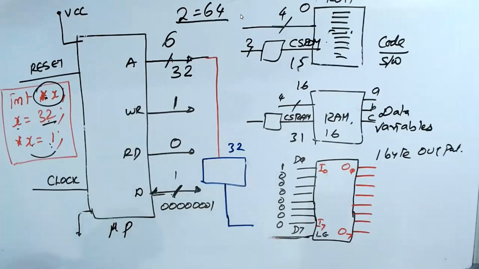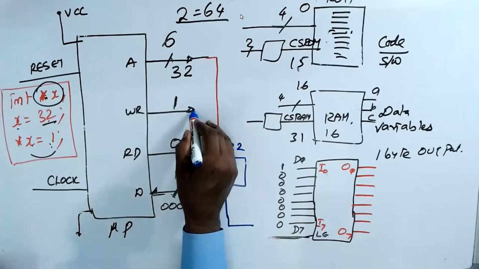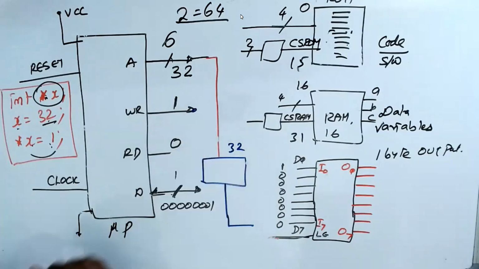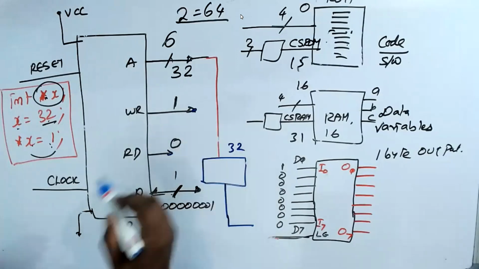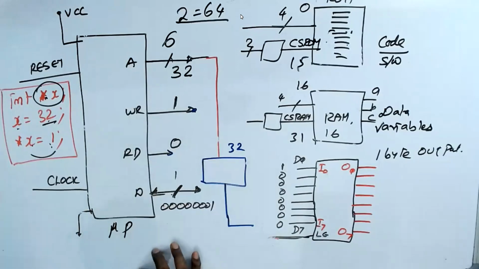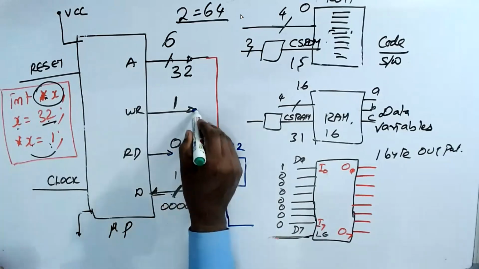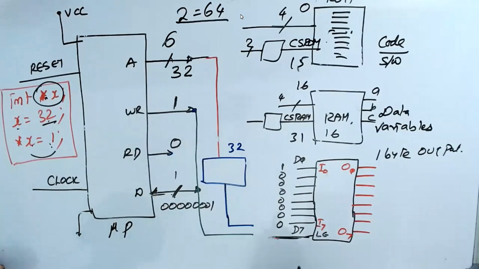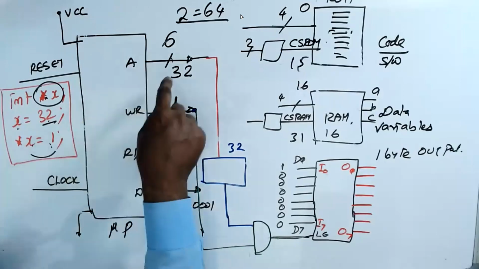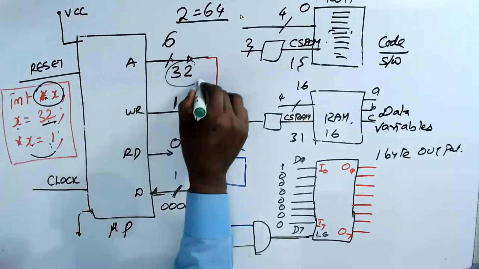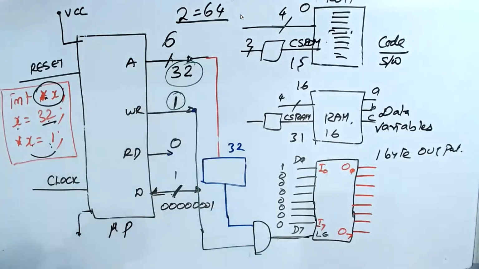I take this signal, I also take the write signal, and I use an AND gate. So if the microprocessor gives address 32 and write as 1, then what will happen? This will be selected. That is what you are doing with this instruction.